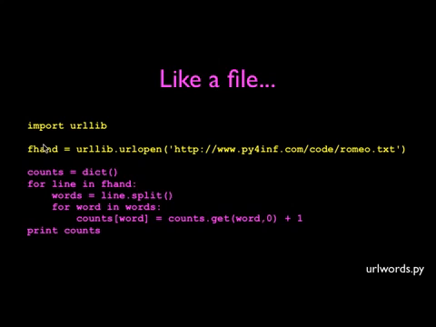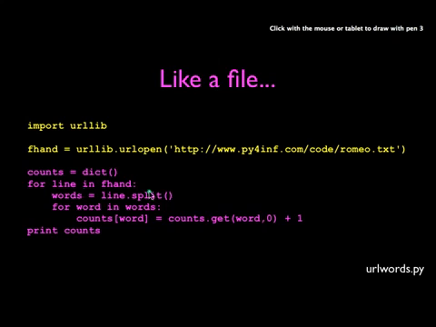And so it really treats it like a file. So with urllib, you can do anything that you would normally do with a file. And so we put these 2 lines, we import urllib, we open it, and then we write one of our completely stock loops that's going to count the frequency of words in romeo.txt.